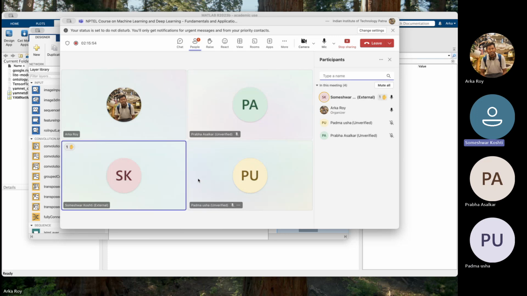Whatever data sets are openly and freely available have mostly been modeled using Python libraries. So it will be very helpful if you go ahead with Python and use the available data sets, even for learning or for research.